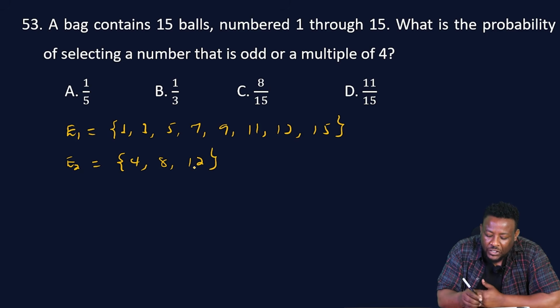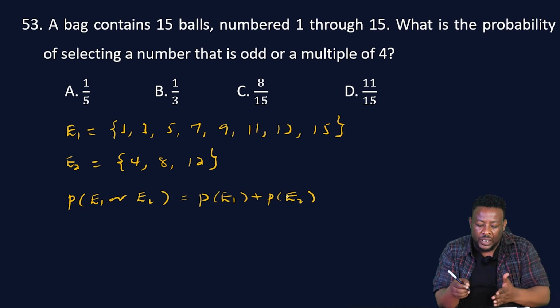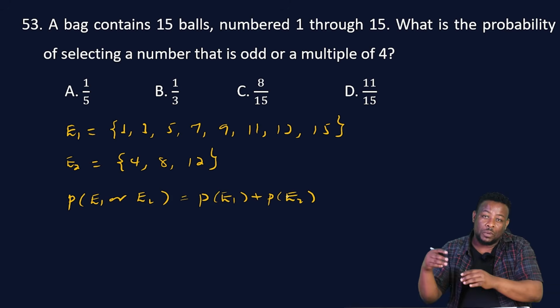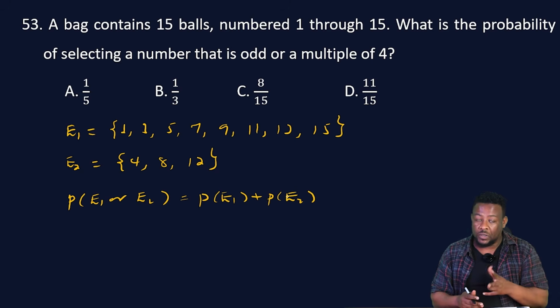Probability of E1 or E2 is probability of E1 plus probability of E2 minus probability of E1 intersection E2. We don't have intersection in this case, because they don't have intersection.